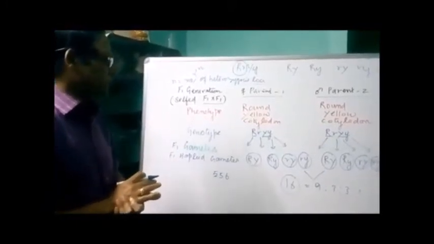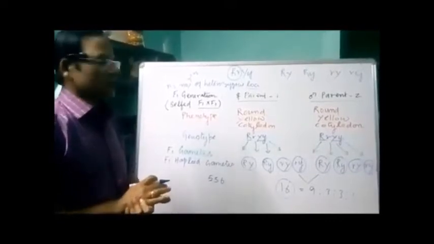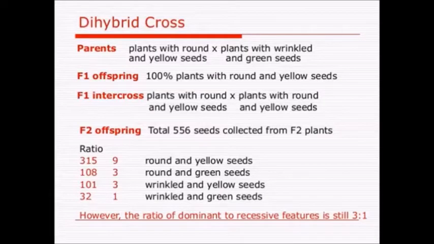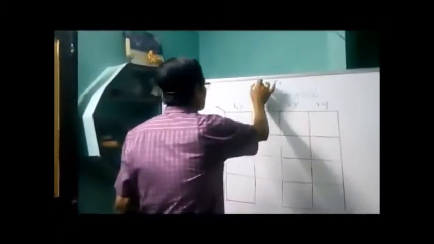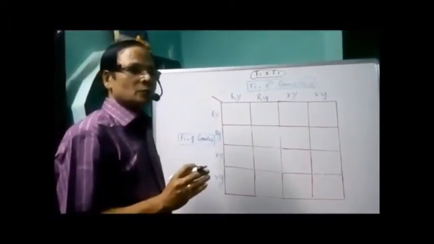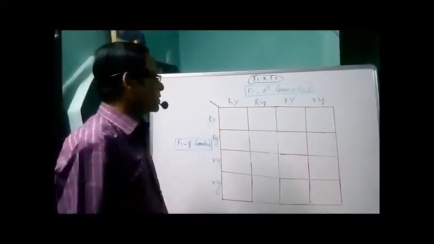Now what are the different types of individuals produced? Let's go for the Punnett square. I already mentioned, in self-fertilization of F1 plants, each zygote with equal probability receives one of the four combinations from each parent.